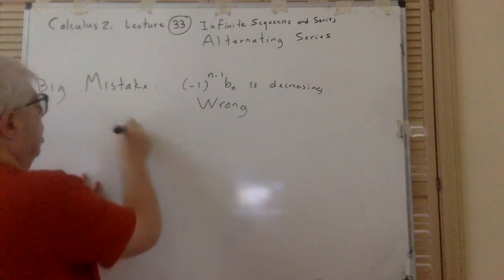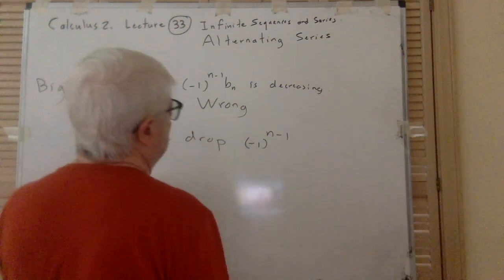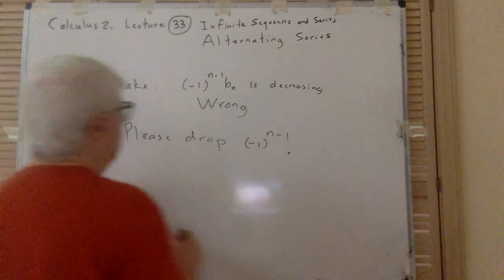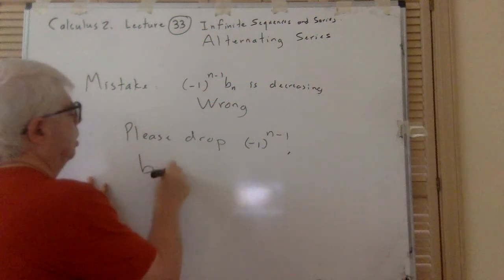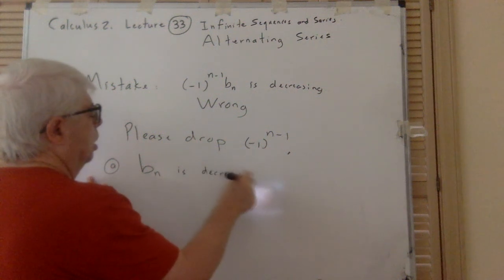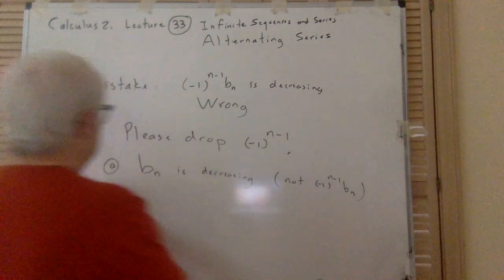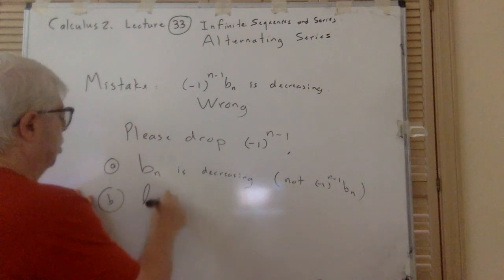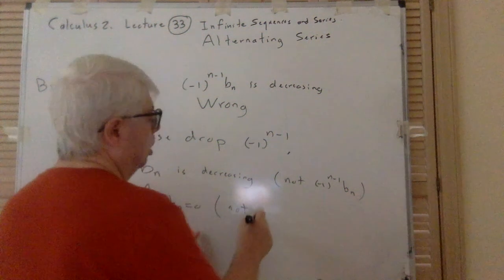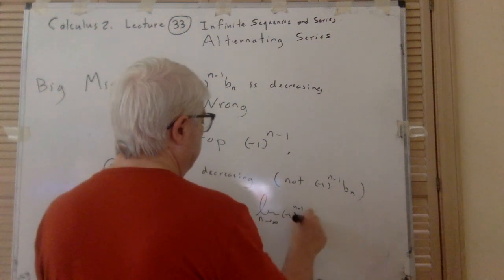Please drop this thing. Okay, so you have to show that Bn is decreasing, not negative 1 to the n minus 1 times Bn. And the limit of Bn as n goes to infinity is 0, not the limit as n goes to infinity of negative 1 to the n minus 1 times Bn.